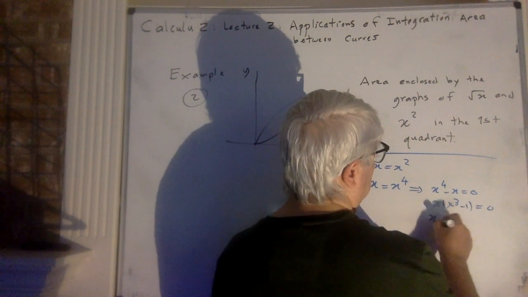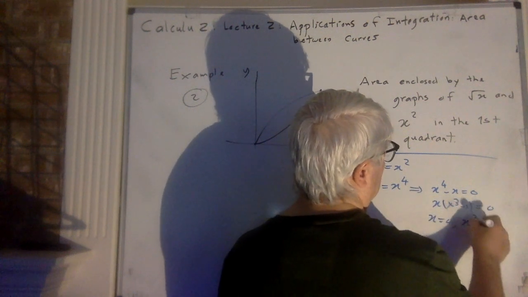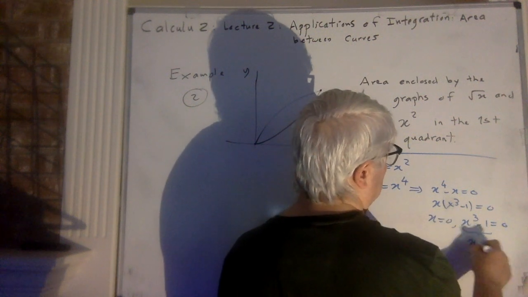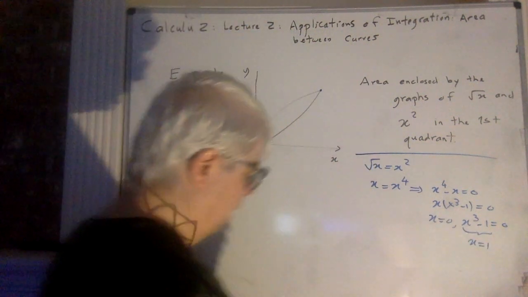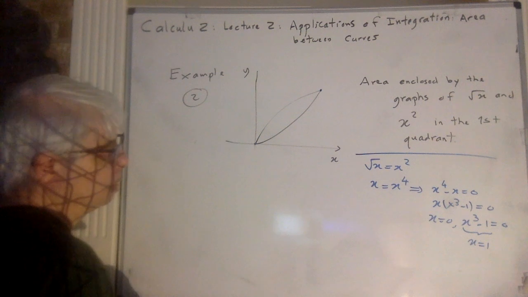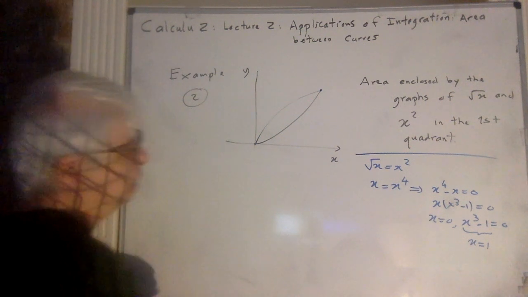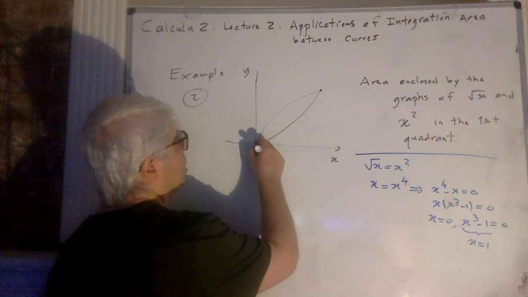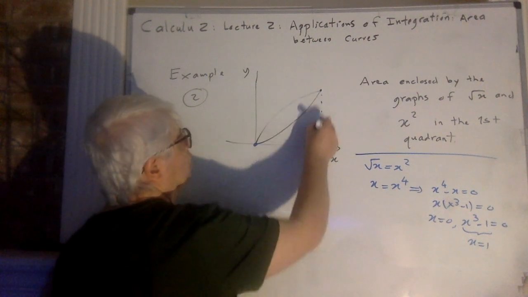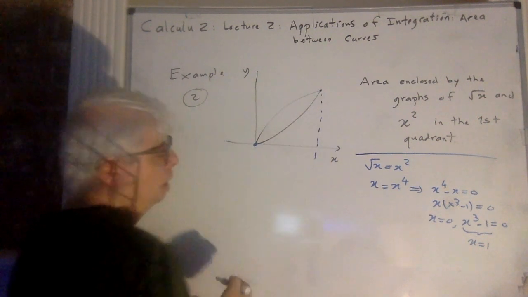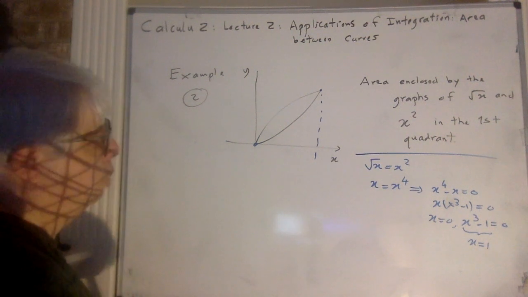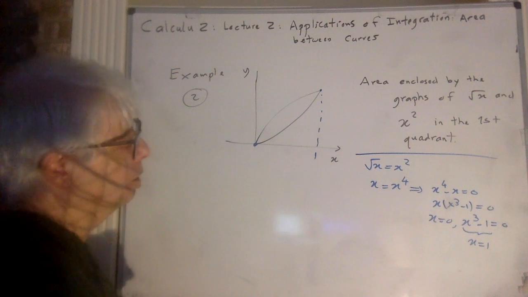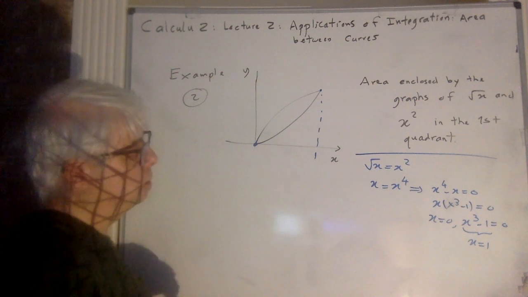So x is 0, and x^3 minus 1 is 0, and this one will give me x is 1. In fact, it gives me two more answers which are complex, but I need the real answers, so these two curves intersect at 0 and 1. You could see that they intersect at 0, but solving that equation confirms it.